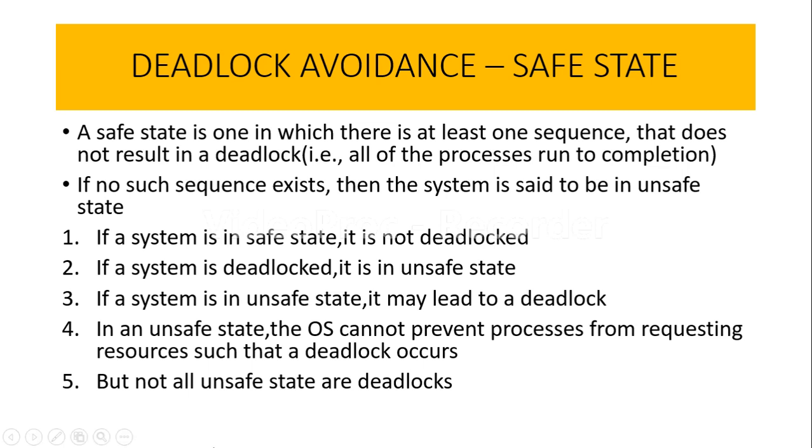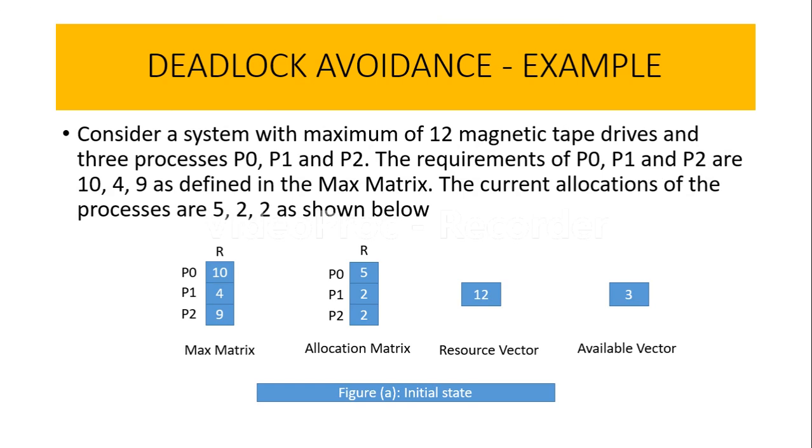So as you can see in the points indicated, a safe state means there is no deadlock, and an unsafe state means there is a possibility of getting a deadlock. It doesn't mean that all unsafe states will lead to deadlock. So let us see with the help of an example.